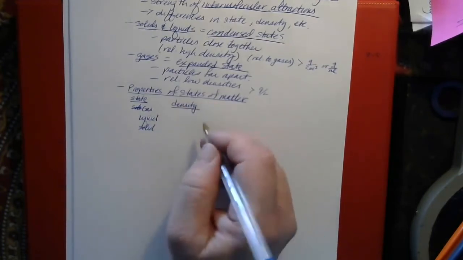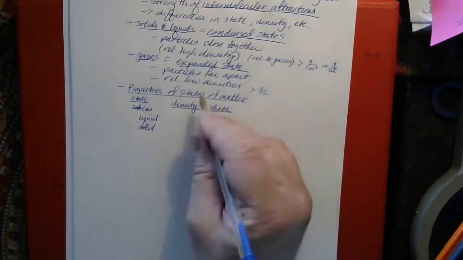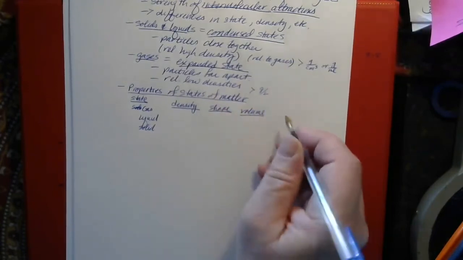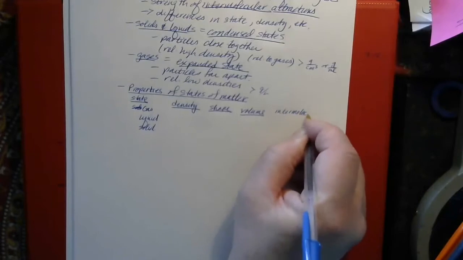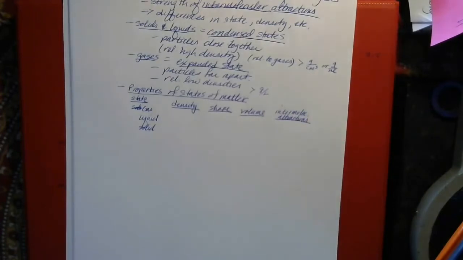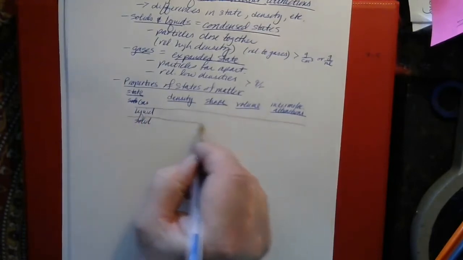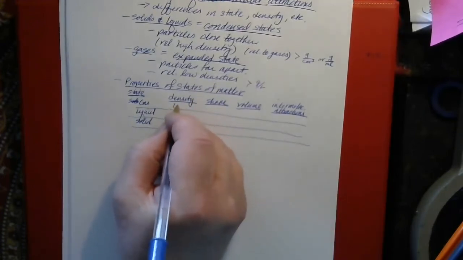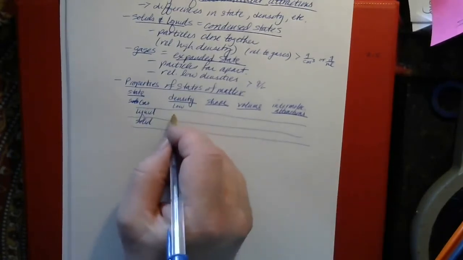And then we'll qualitatively compare their densities, the shapes of substances in those states, the volume of substances in those states, and the strength of their intermolecular attractions. For gases, well, we already said gases are called expanded states because they have low densities. So gases definitely have low densities.